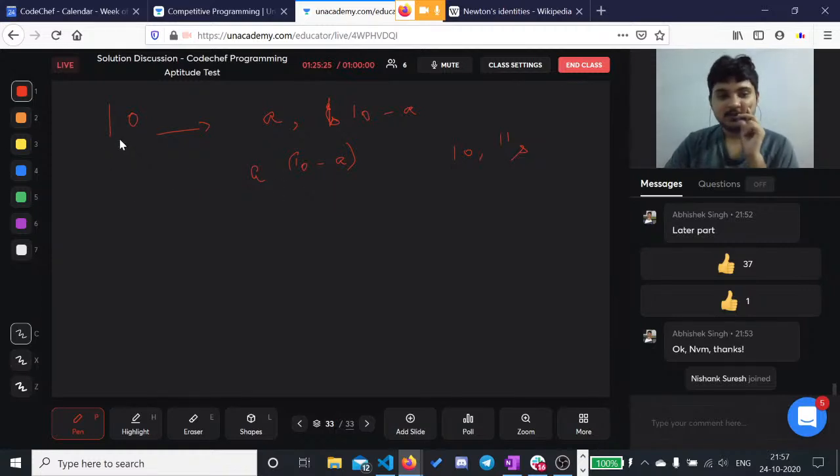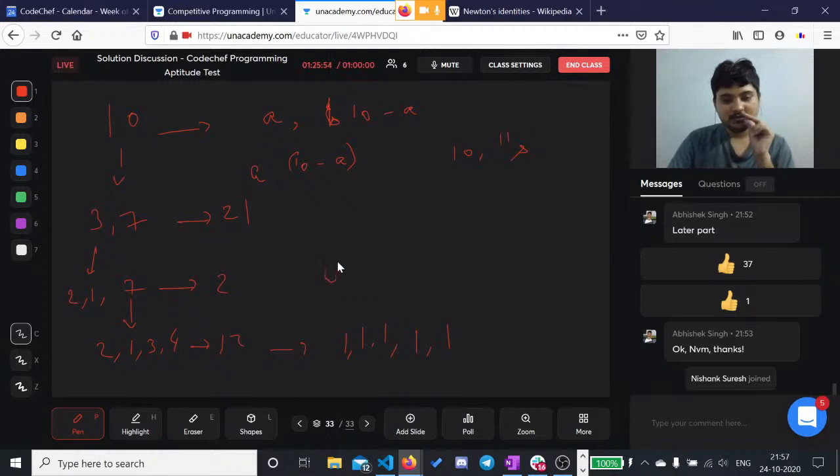For example, in one turn you could break it into 3 and 7 for cost 21. Then you could break 3 down to 2 and 1 for cost 2, and then you can break 7 down to 3 and 4 for cost 12, and you should keep repeating this until you get 10 ones.